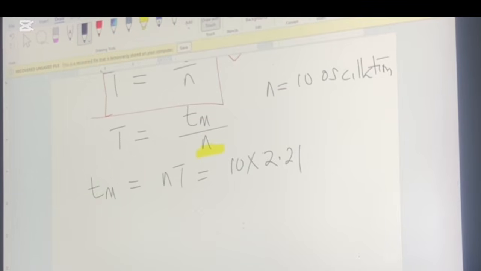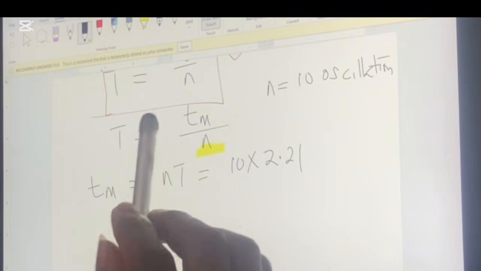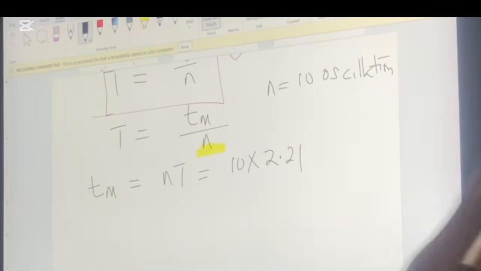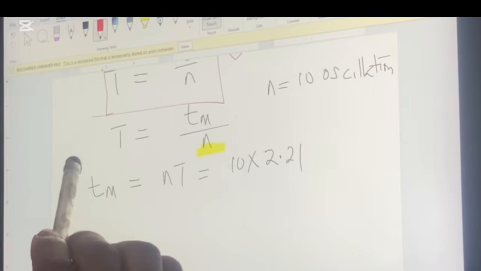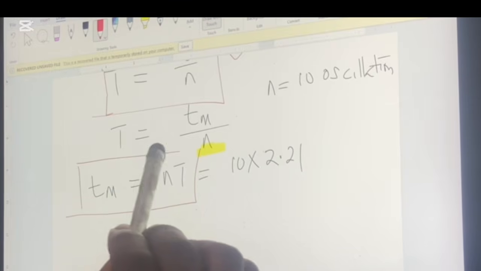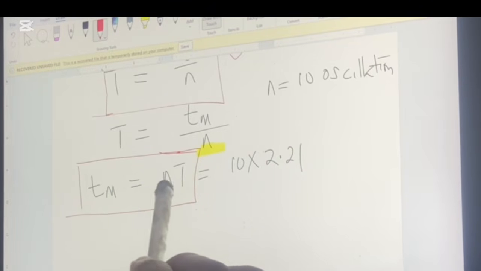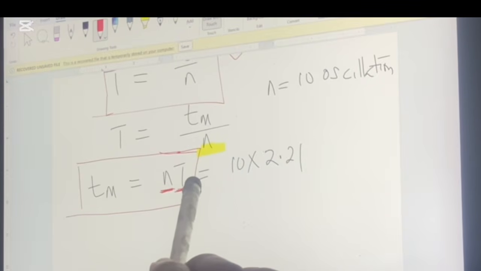Please remember, the value of period at 120 is 2.210, which is the same as 2.21. So class, the formula connecting average time, which is the same thing as t mean, with number of oscillation and period, is this formula: multiply the number of oscillation by the period T. So this is the formula.